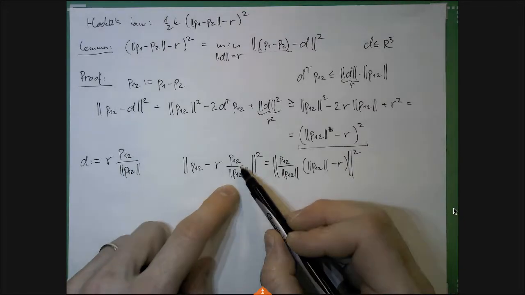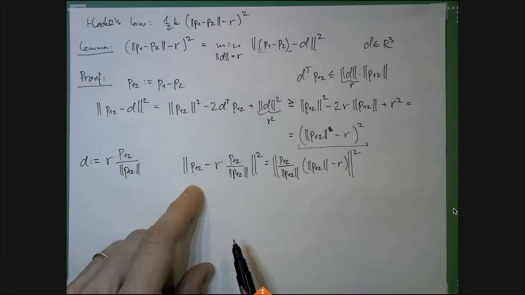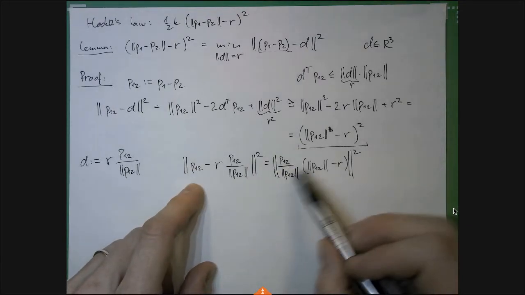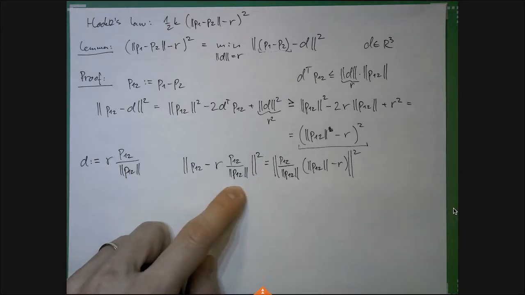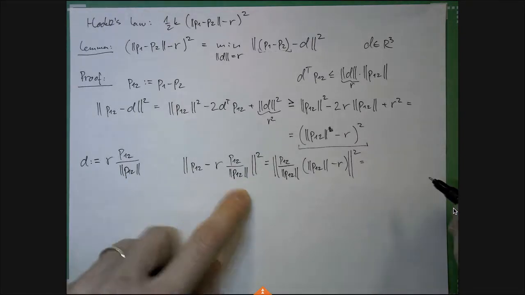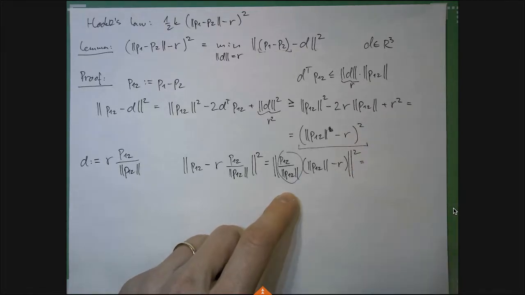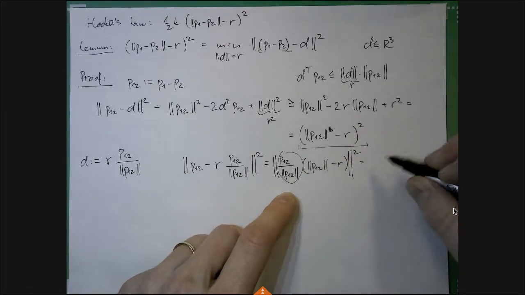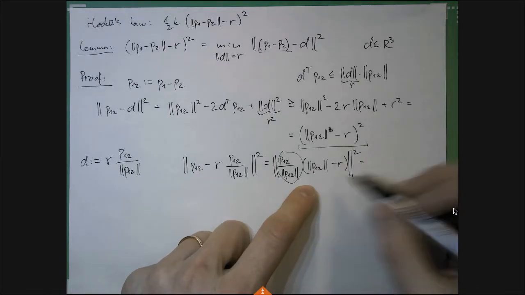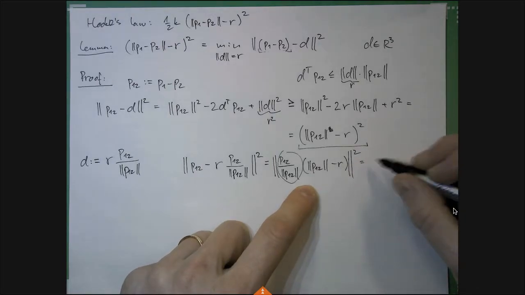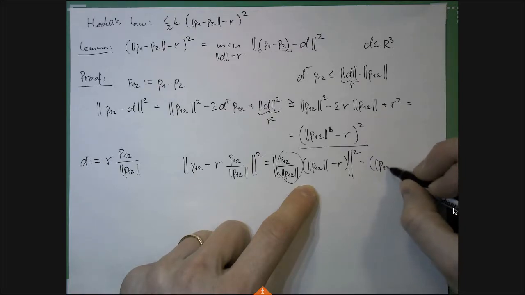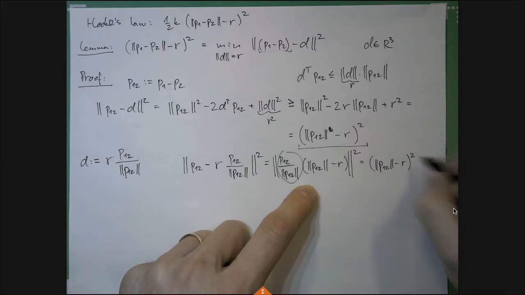Okay, so I just put this term outside of it, or you can just multiply them together and it's the same thing. Now, norm of this, of course, is 1, right? And norm is multiplicative. So the norm of this is exactly equal to the norm of, I can just write it like this, P1,2 minus R squared.